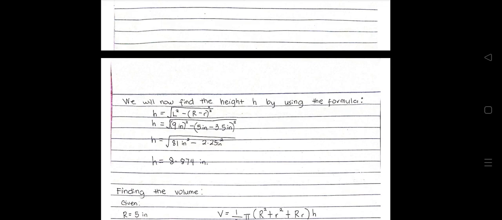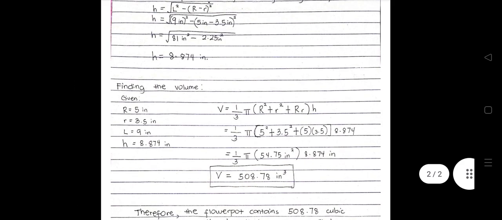Since we have obtained the height, we will now proceed to finding the volume of our flower pot. We now have radii of 5 inches and 3.5 inches, a slant height of 9 inches, and a height of 8.874 inches. So let us proceed to the volume.